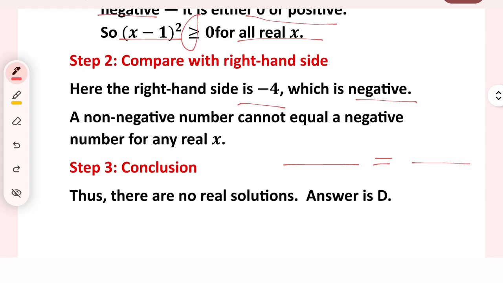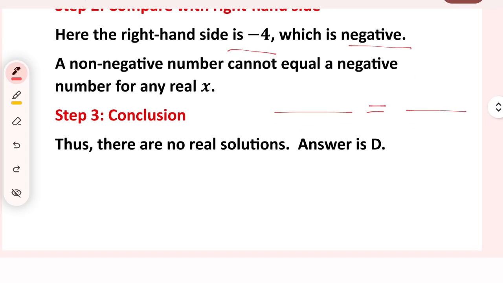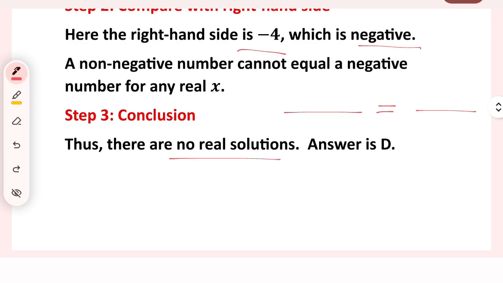Therefore, we conclude that there are no real solutions. The answer is letter D, none. There is no answer for the problem because a positive answer on the left side will never be equal to a negative answer on the right.